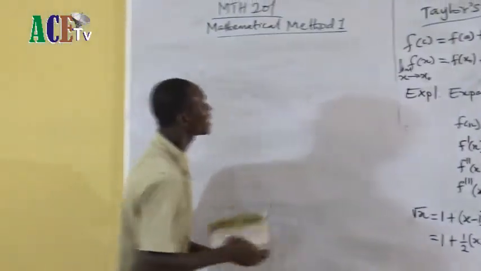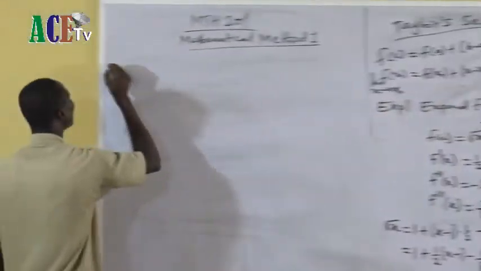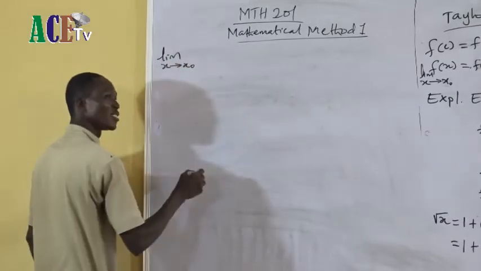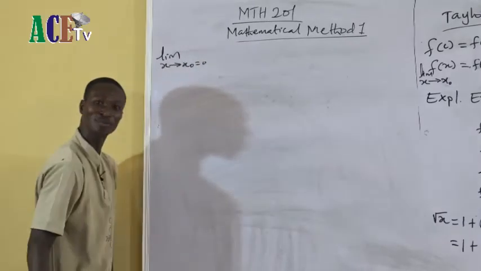So I want to expand this limit again. This limit x tends to x naught, but this x naught can be equal to 0.